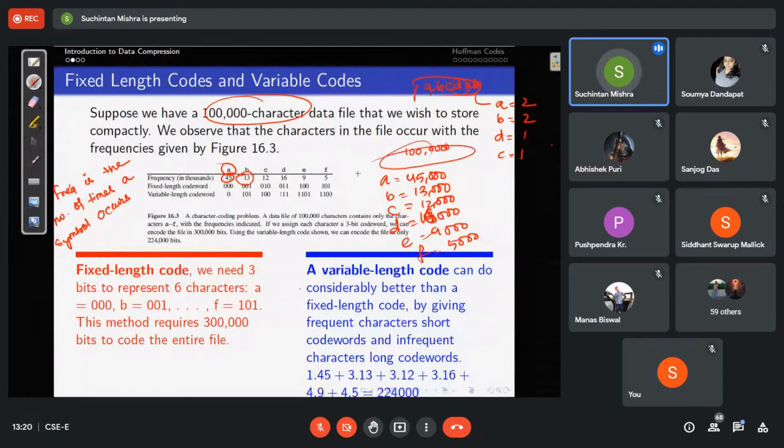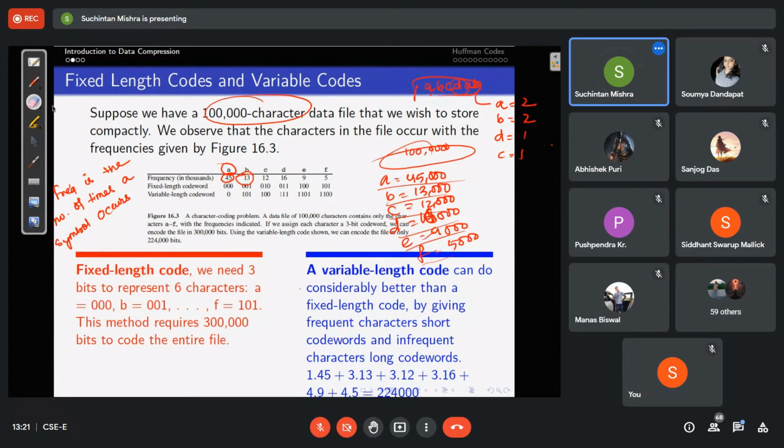So, in this large file, A occurs 45,000 times, B occurs 13,000 times, C occurs 12,000 times, D occurs 16,000 times, E occurs 9,000 times, and F occurs 5,000 times.